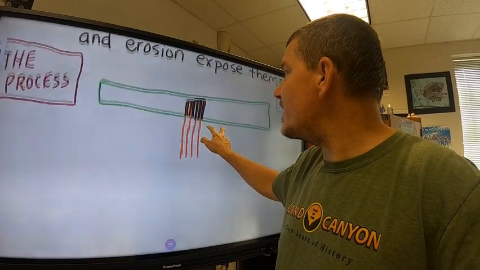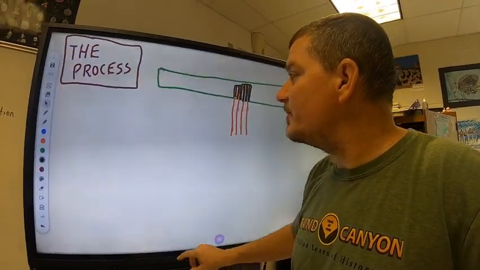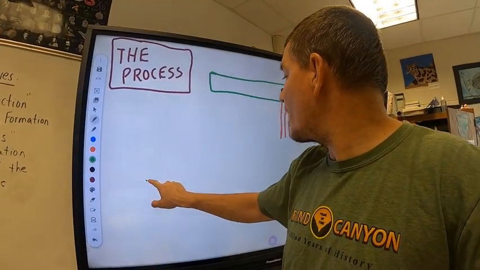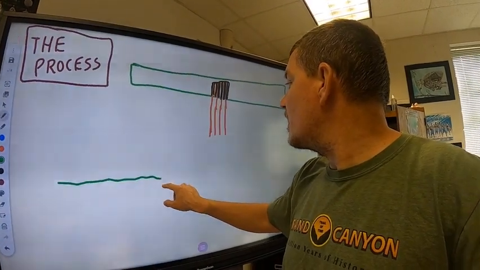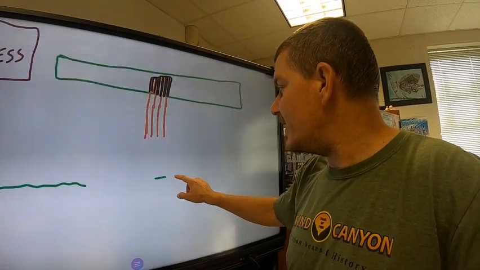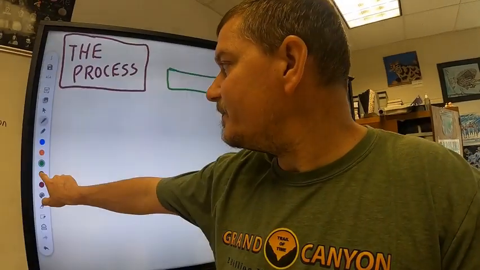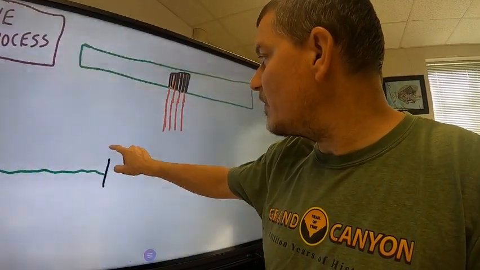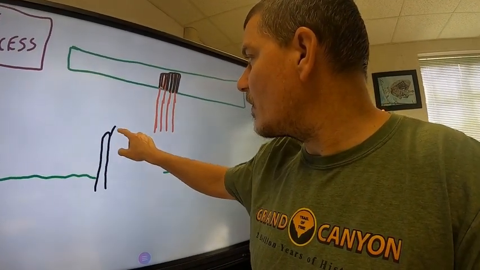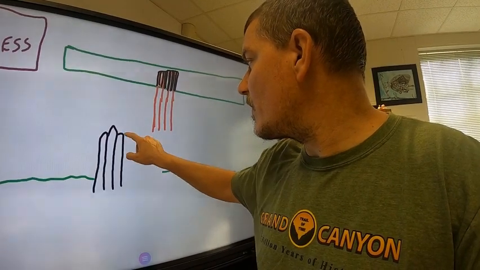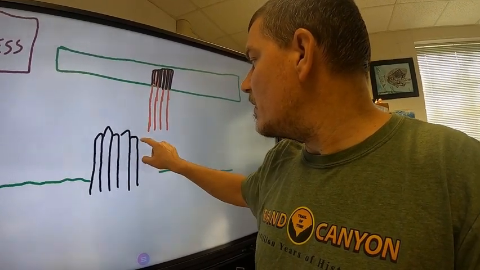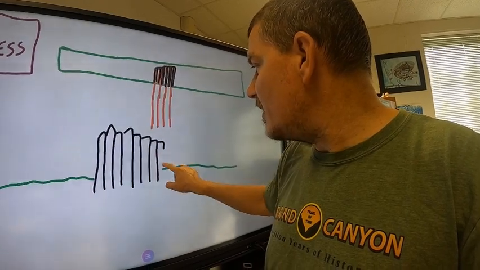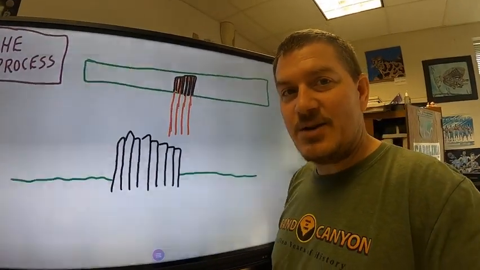So in our second step of this process, we're still going to have our land that's there, but over time, all this sedimentary rock is generally easier to break apart.